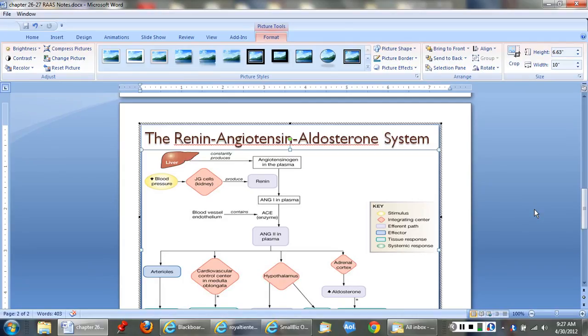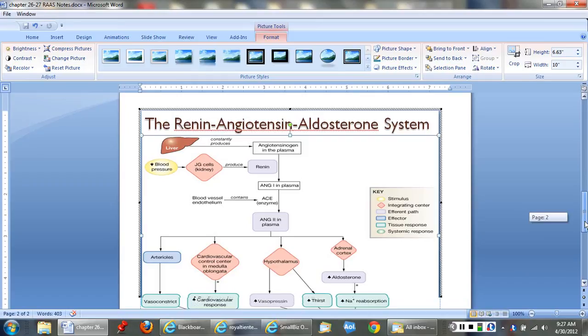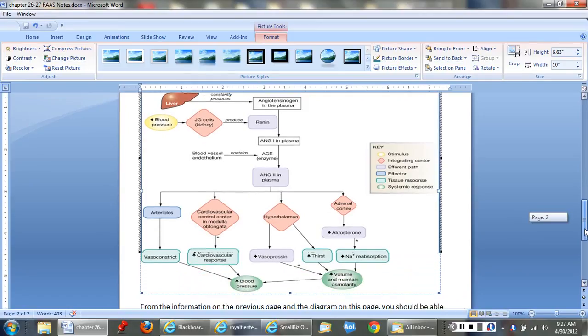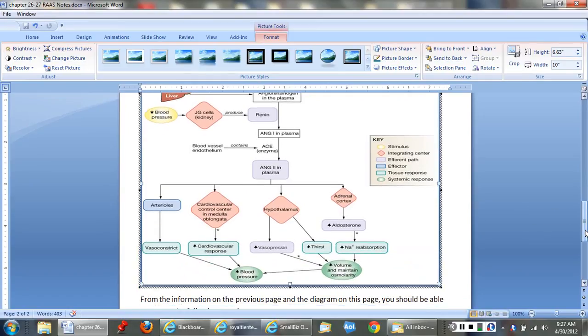So in the flow chart, you see angiotensin 1 in the plasma, and then here comes the ACE enzyme, and that converts angiotensin 1 to angiotensin 2. And now you can see all the effects that angiotensin 2 has on the body. And all of these effects are going to increase blood pressure and or blood volume.